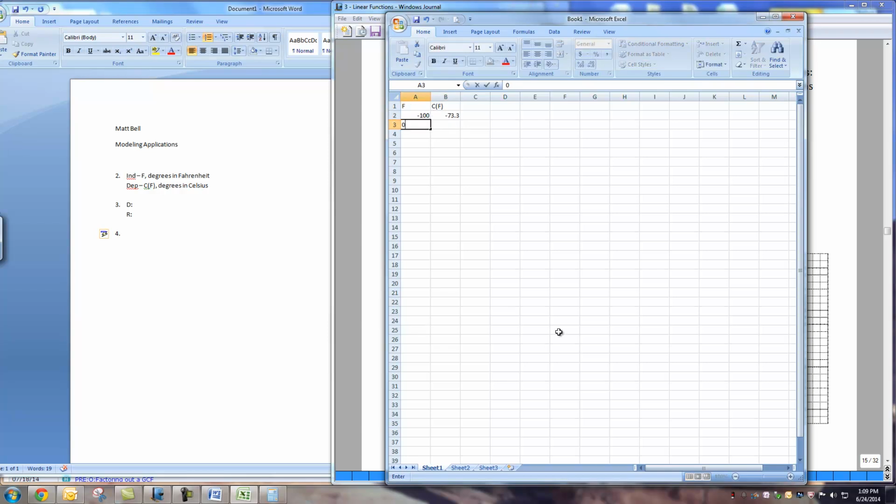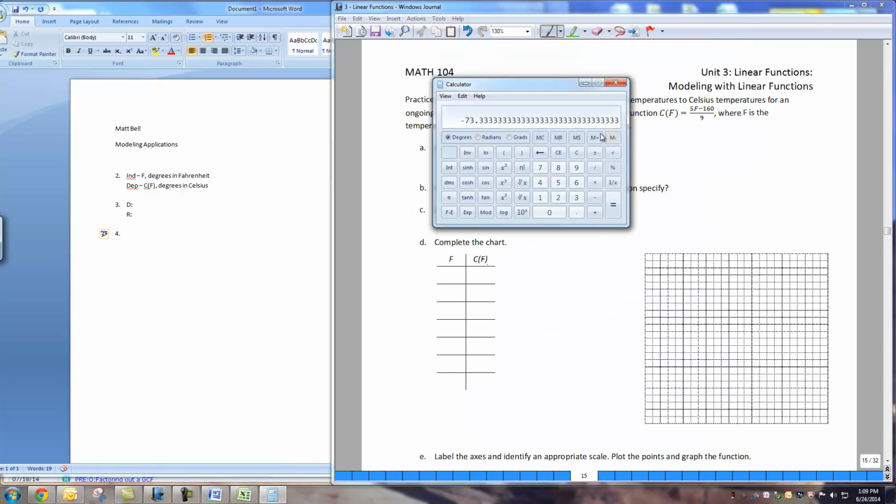What about when it's 0? When Fahrenheit's 0, what's Celsius? Well, Celsius is -160 divided by 9 because F is 0, so this part goes away. -17.8.